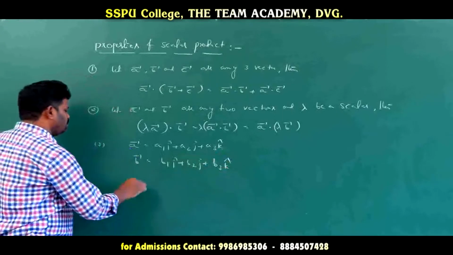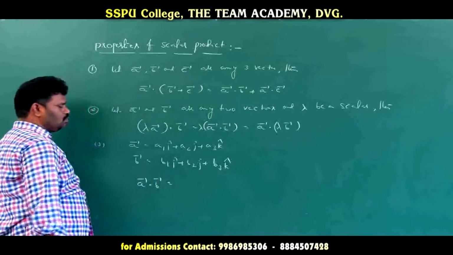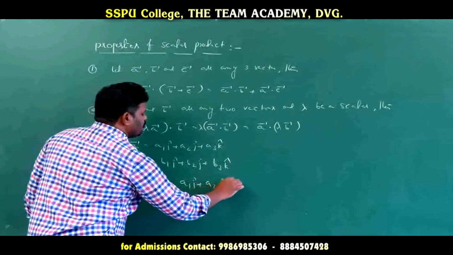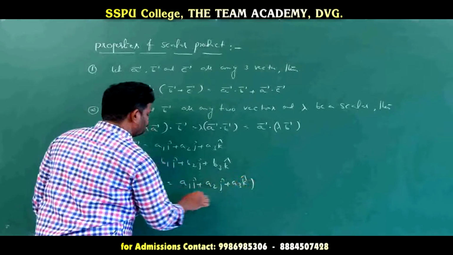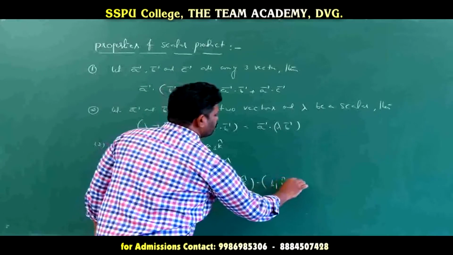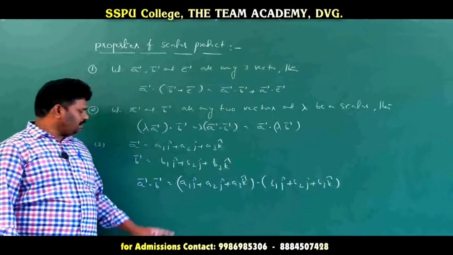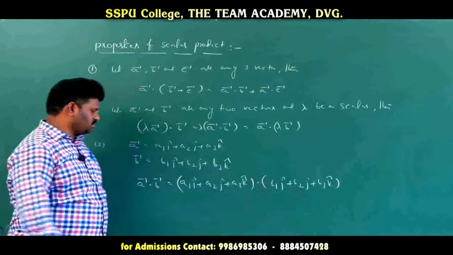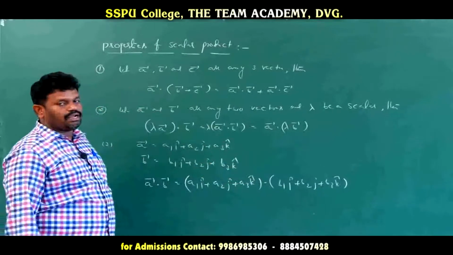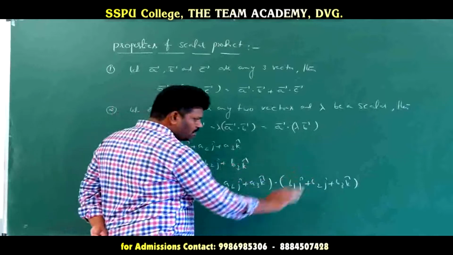If you find the dot product between them, a vector dot b vector, multiply a1 with all the terms in the next one. Here a1 into b1, i dot i. I just revised that i dot i is equal to 1, but i dot j is 0, and i dot k is equal to 0.